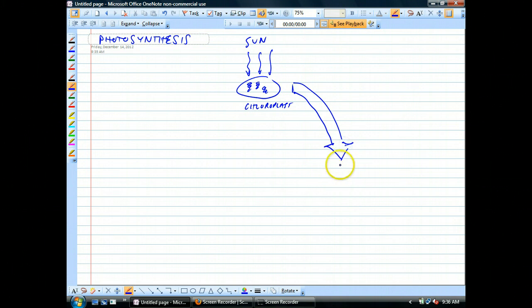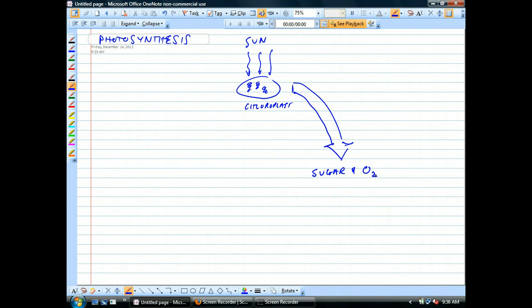So photosynthesis: the sun shines on a chloroplast. Chloroplasts are green. That's why the leaves are green on that plant, because there's little chloroplasts in there. Sun shines on a chloroplast, and that energy is used to make sugar and oxygen gas.